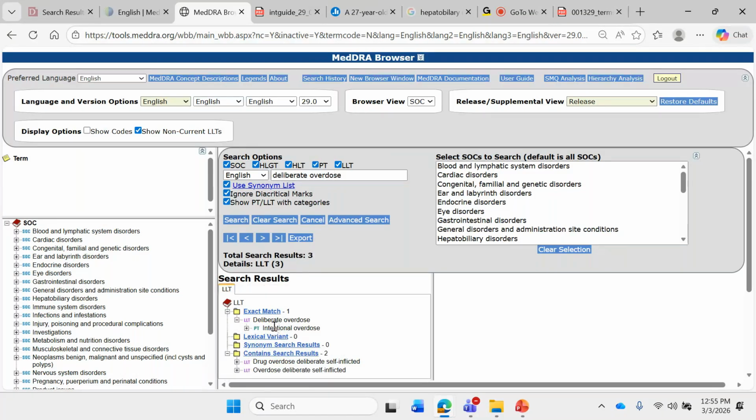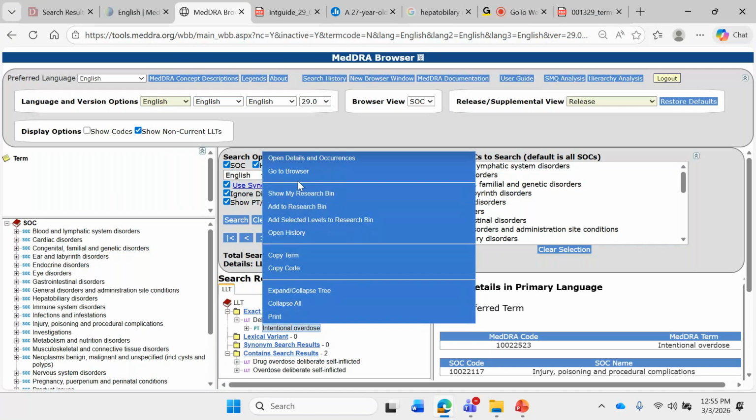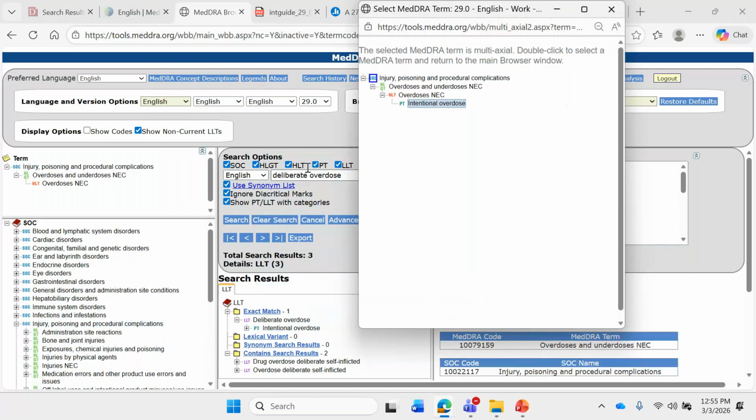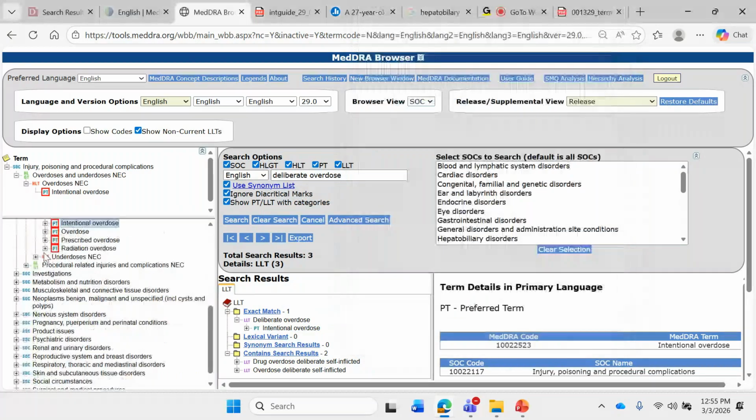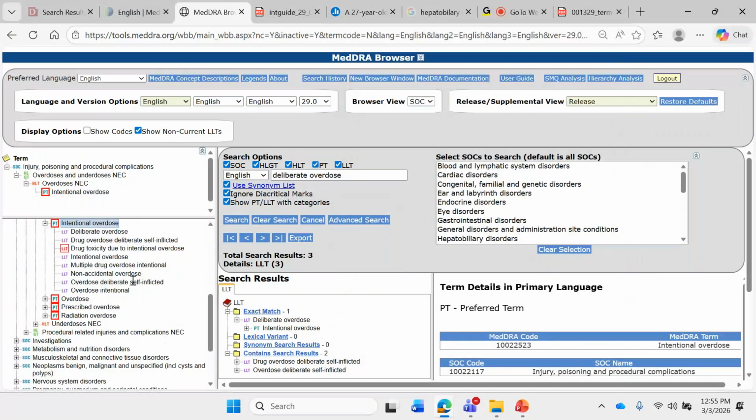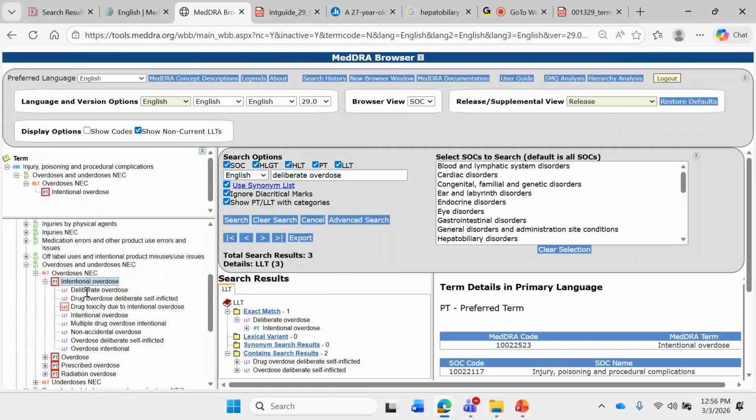So in this case, if you use intentional overdose or deliberate overdose, it's one and the same thing. Absolutely right, because it's just a synonym. But the take-home message was to be as exact a match to the verbatim LLT as possible. But technically speaking, you would not be wrong because you are not subtracting or adding information. You're just using a synonym, deliberate for intentional. So yes, you would be perfectly fine.